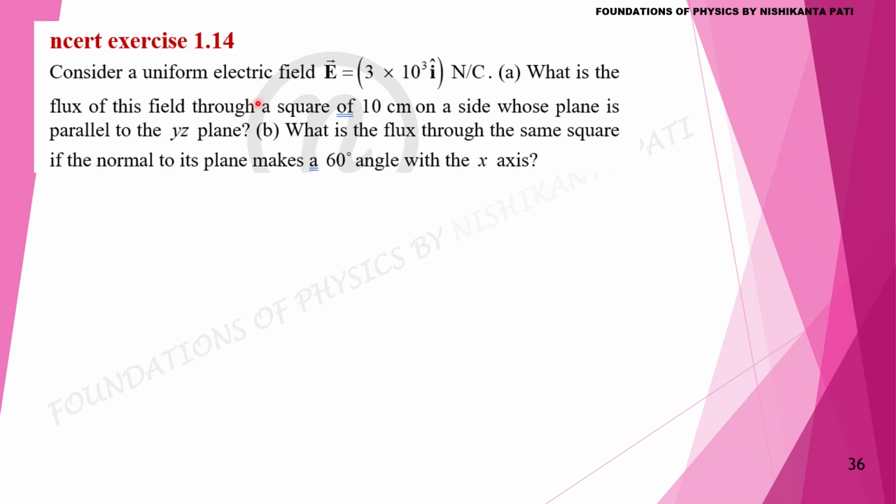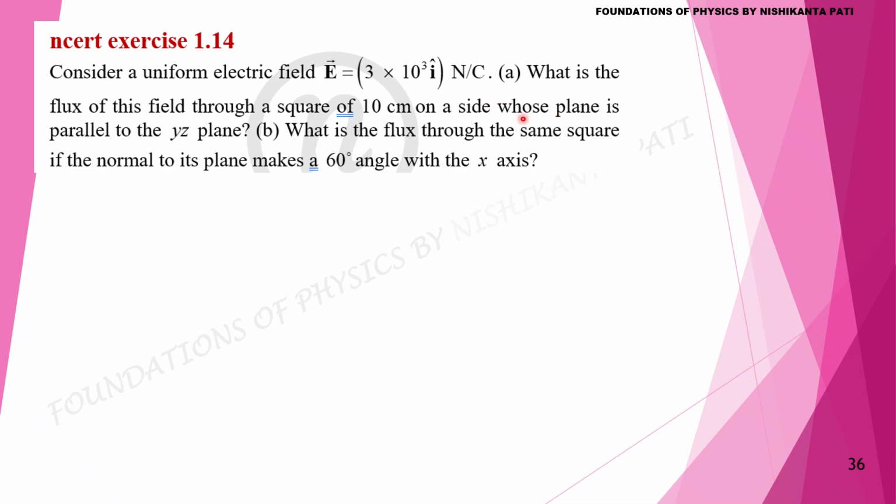Consider a uniform electric field, the electric field along x-axis. So first question says the flux of this field through a square of 10 centimeter whose plane is parallel to YZ plane. Then second question is the flux through the same square if the normal to the plane makes 60 degree with the x-axis.